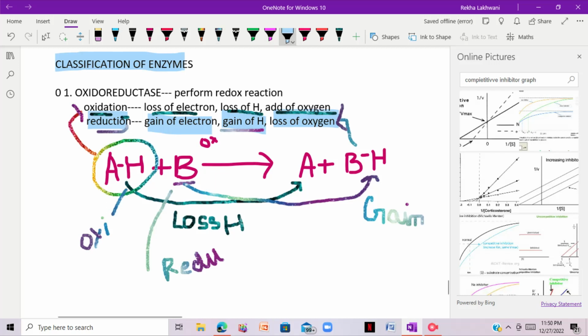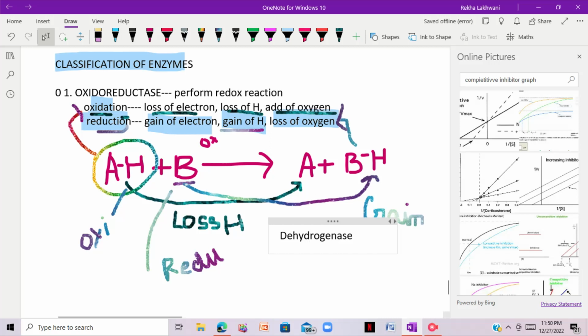There is the removal of the hydrogen group. So that's why it is known as dehydrogenase. I hope it's clear to you.